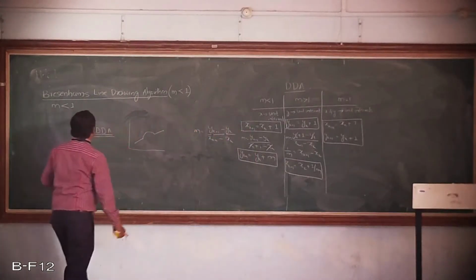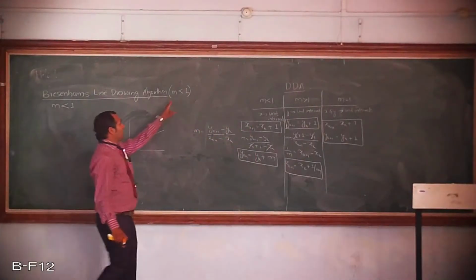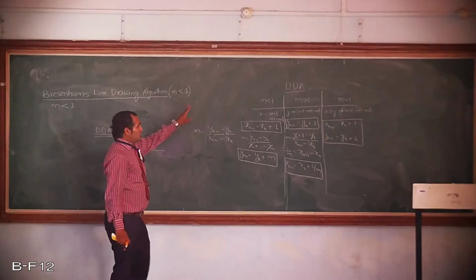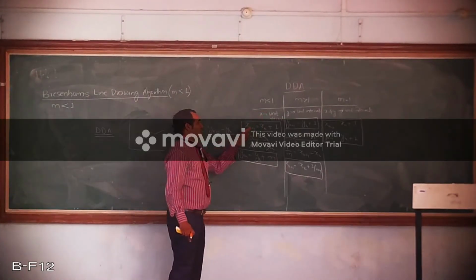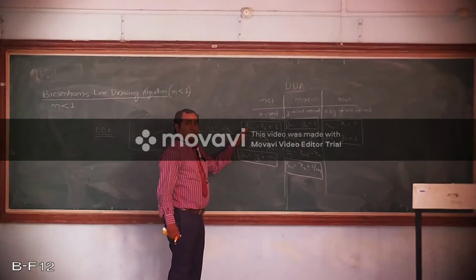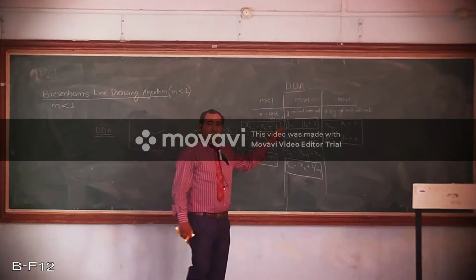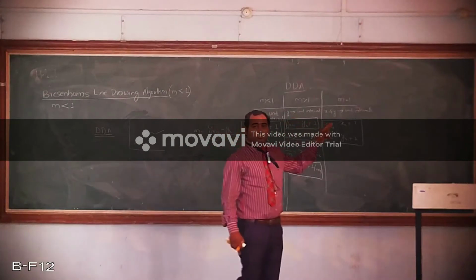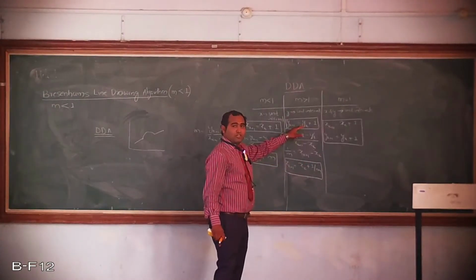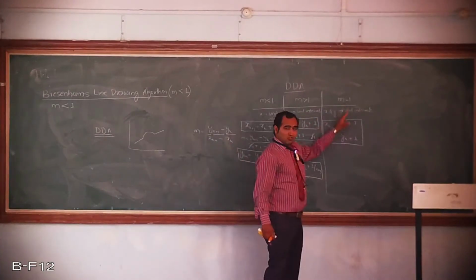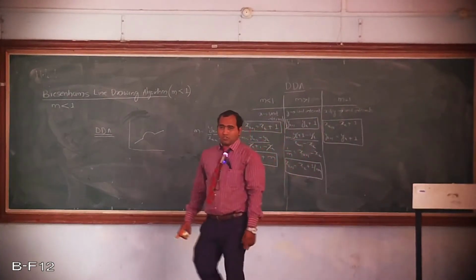Here I am discussing the slope less than 1. We have to remember, if the slope is less than 1, x coordinate will move in unit intervals. If the slope is greater than 1, y coordinate will move in unit intervals. If the slope is equal to 1, both x and y coordinates will move in unit intervals.